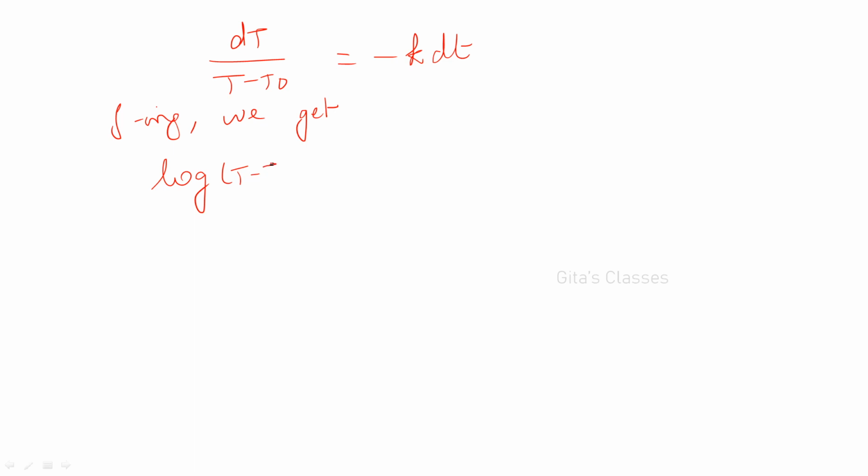So integrating both sides we get log of T minus T naught is equal to minus kt, plus, for my convenience, I am taking the constant of integration as log c, and this can be written as log of e power minus kt, so that I can combine this log c.